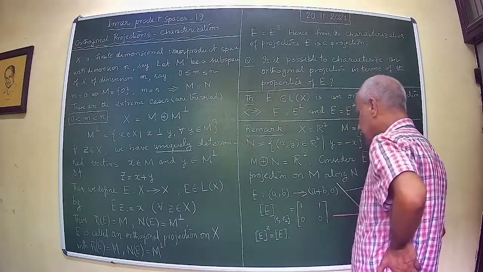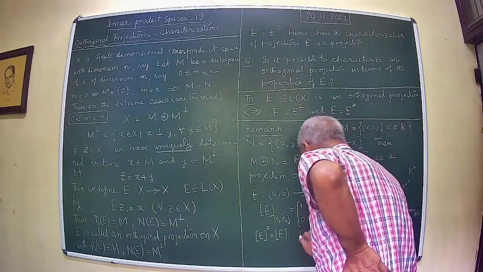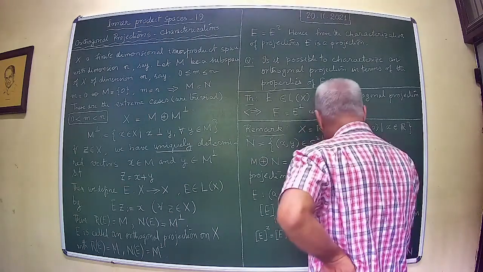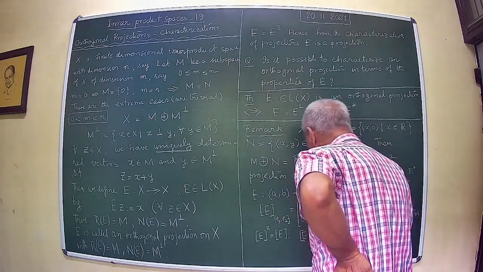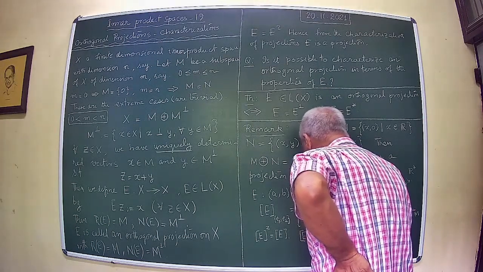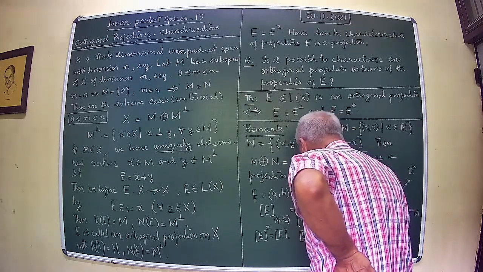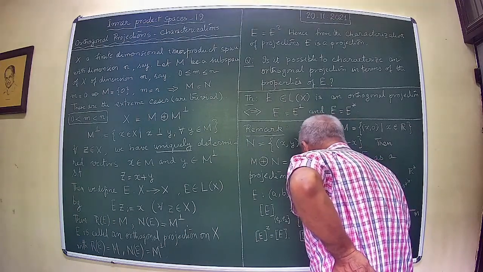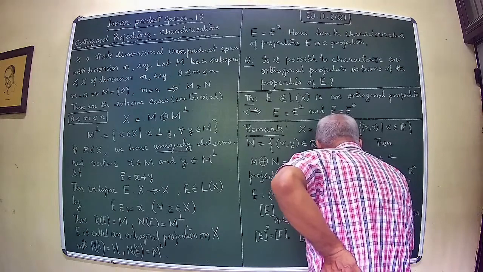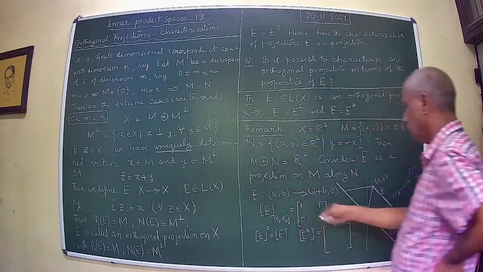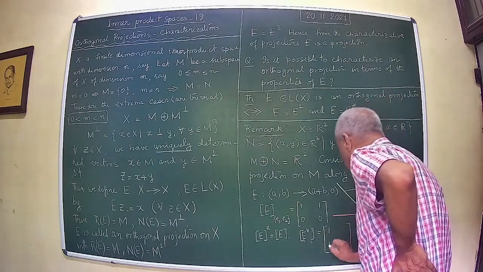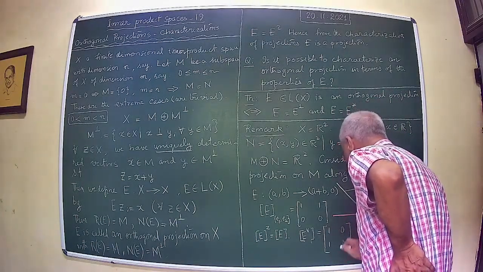Okay. But now look at this matrix. Because it's in the usual inner product, you take E star, the matrix representation of E star. This is given by the transpose conjugate of this matrix, which will be 1, 0, 1, 0.